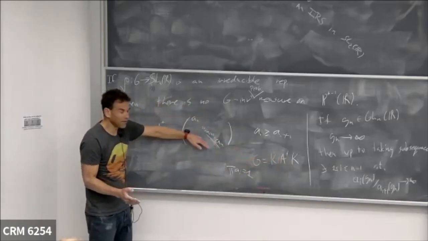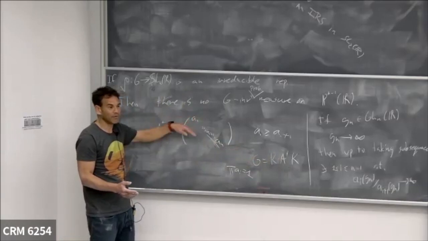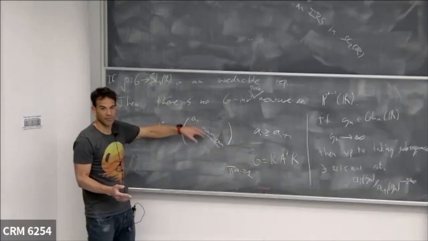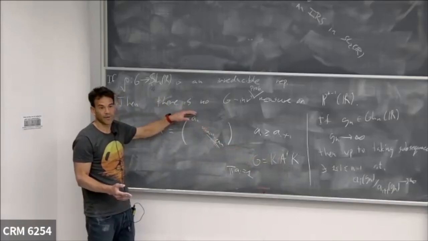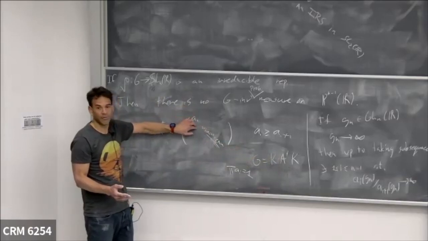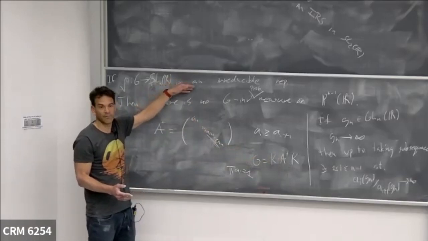So you see that the measure, since this element preserves the measure, must be supported in a proper subspace. Now, since the action is irreducible, that cannot happen.